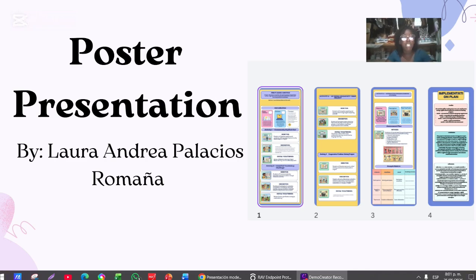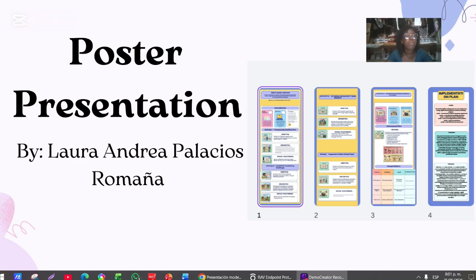Another important aspect shown in our poster is collaborative learning. Working as a team allows us to exchange ideas, solve problems together, and support each other throughout the process.